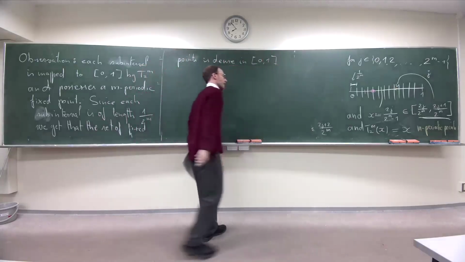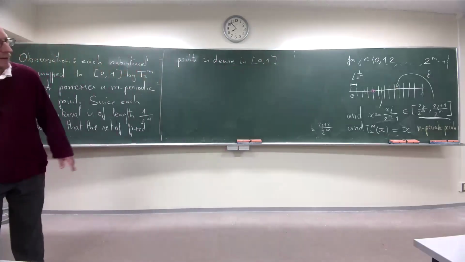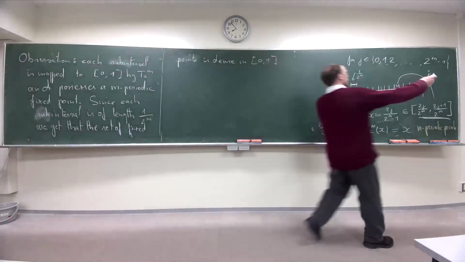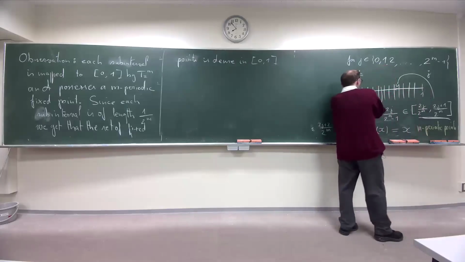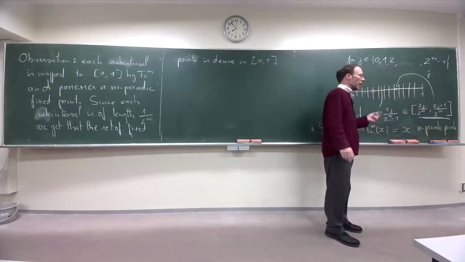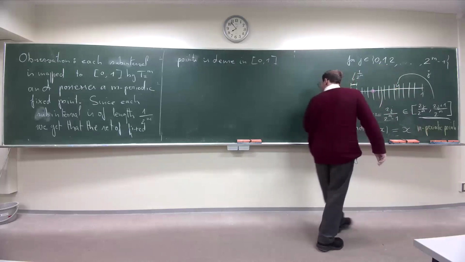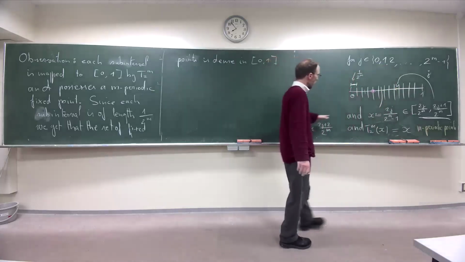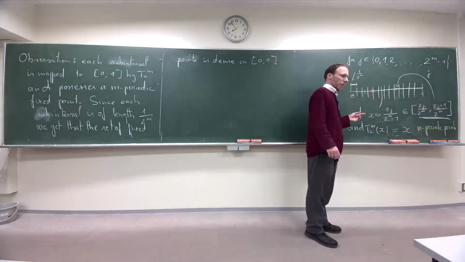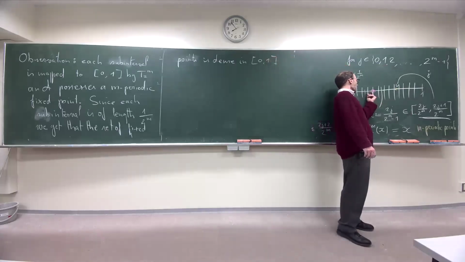So please understand the argument. You don't have to remember the details, but I take 0, 1. I subdivide it into small intervals. I can check that each small interval is mapped to 0, 1 when I apply Tm. And I can check that each subinterval contains a fixed point.